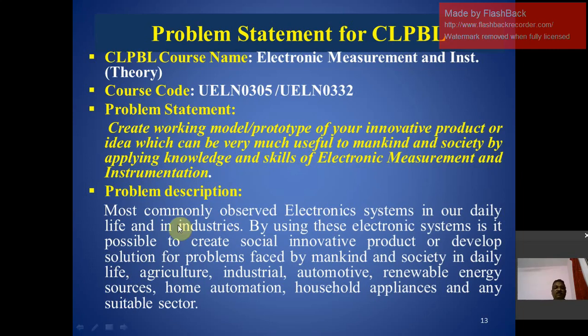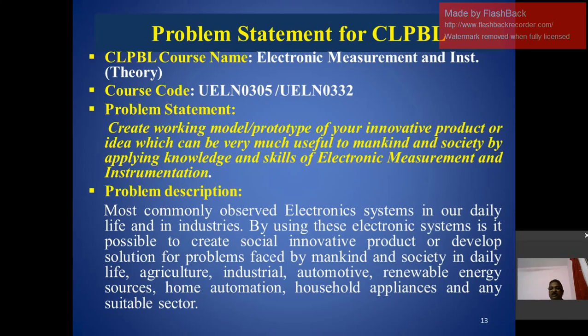Okay, so problem description. The problem must be useful for day-to-day life and industries.